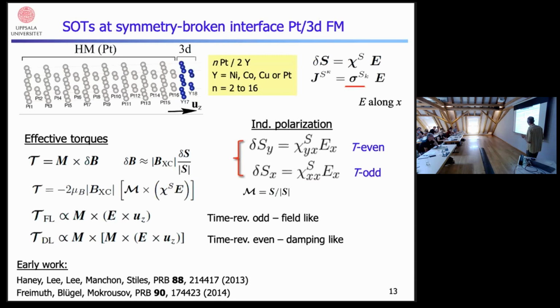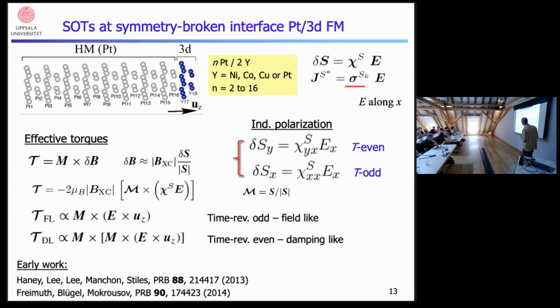The conventional one, the Rashba-Edelstein effect, is the T-even effect. But then there is also the one with time reversal odd symmetry. So we have now those two induced magnetizations, and they point in different directions, as I was showing a few slides back.